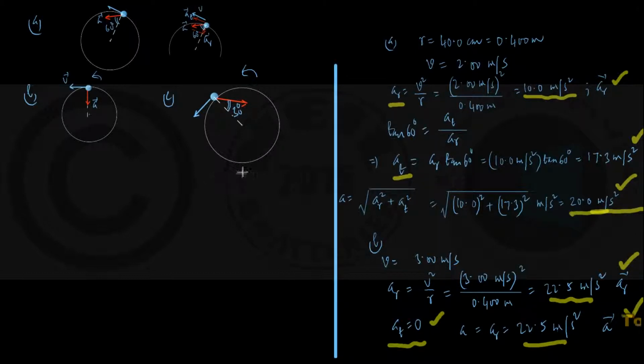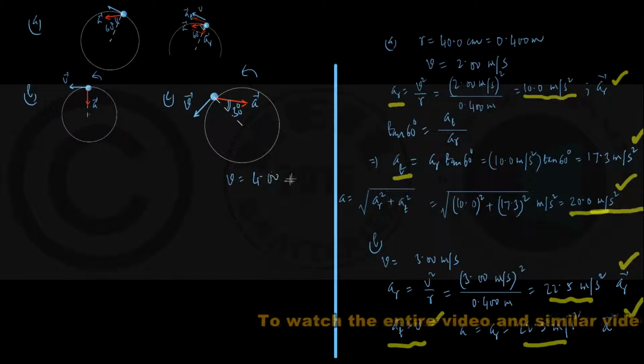It is further given that the speed of the particle, this is v here, this is the velocity vector, this is the total acceleration vector, and v is given to be 4.00 meters per second at this instant.